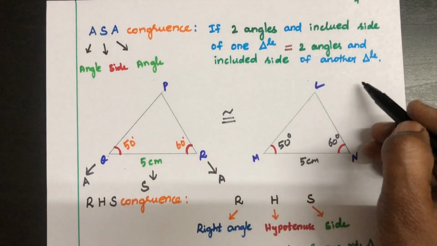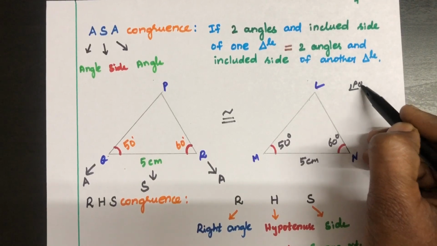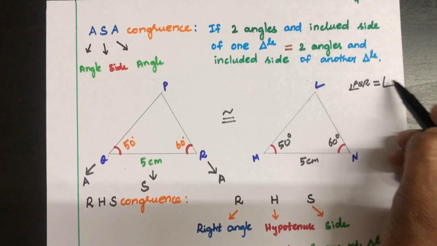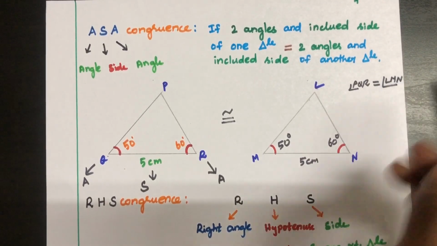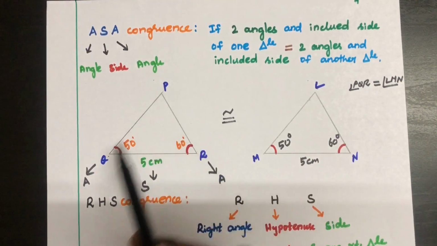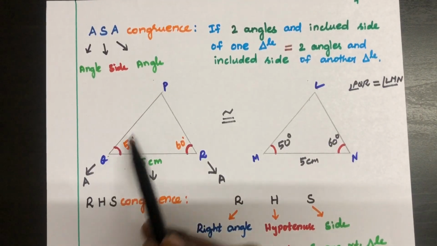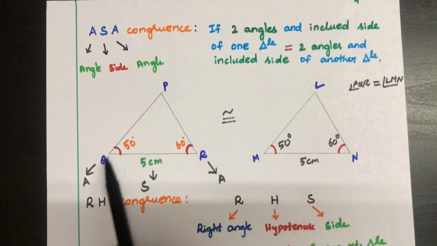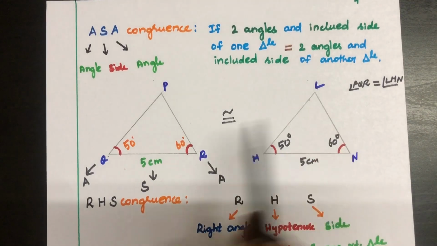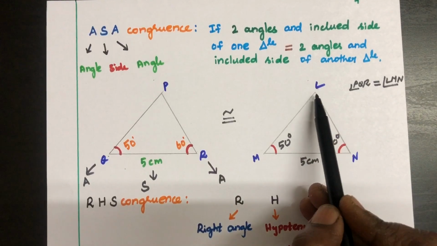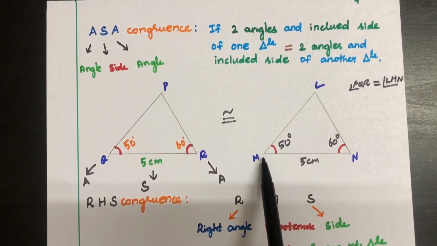Angle PQR corresponds to angle LMN. See, wherever the angle is formed, that vertex should come in the middle. Here the angle is formed at Q, so we need to take 3 vertices and show it: PQR, 50 degree. Similarly here, at M the angle is formed, so LMN.